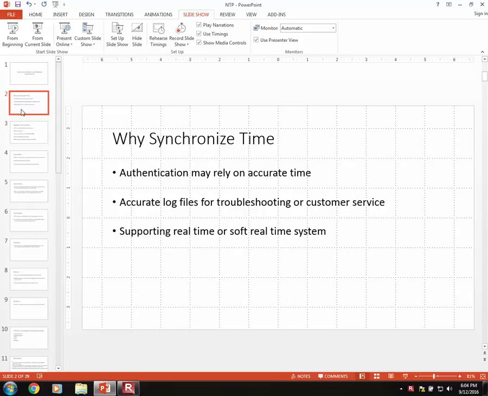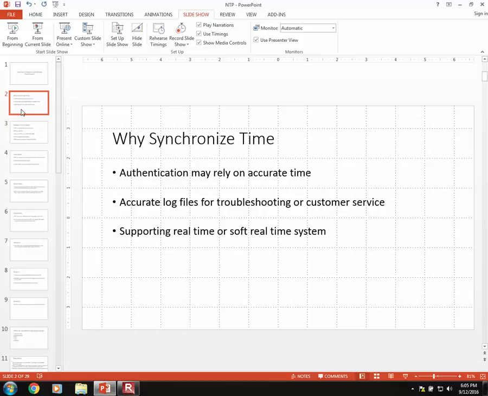One of the reasons for the increased need to synchronize time is the use of authentication, such as digital signatures and other authentication keys. Very often they have timing parameters for them to be considered valid, so it's very important to have accurate time between different users.